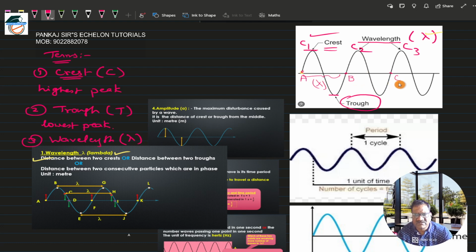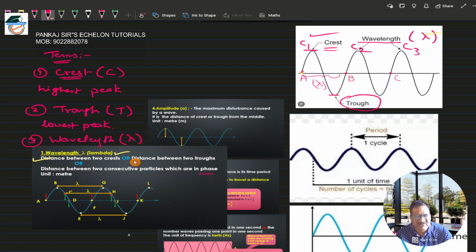Now, this particles in phase idea is not included in your syllabus so far, so let us not talk much about the definition involving this phase term. It is nowhere mentioned in your book so far, but it will come in future, maybe when you study physics at a still higher level. Right now you should not worry about it.